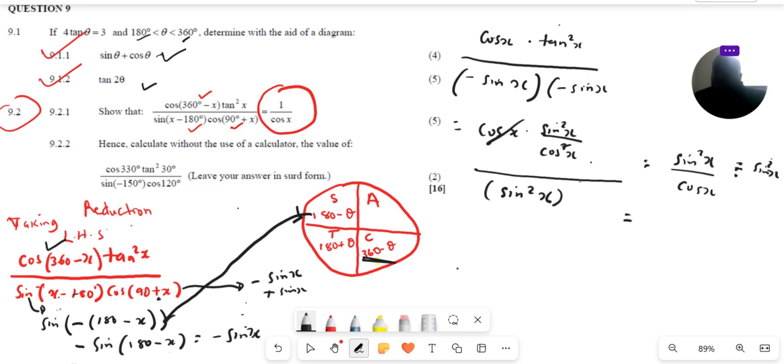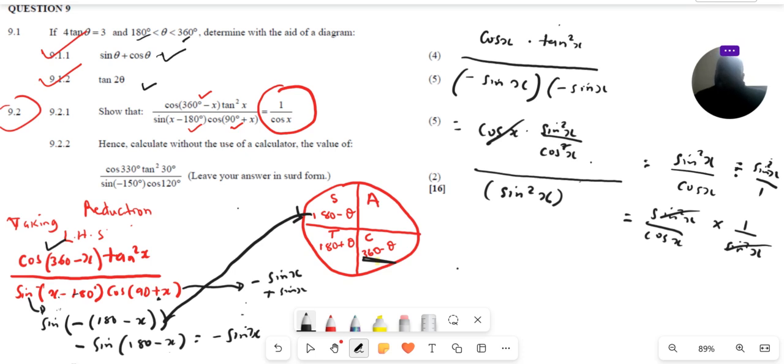But remember, when I get the reciprocal of a function, it will come to be 1 over sine squared x. That is the easiest way. I could have cancelled it from here and here, but I wanted to show it to you directly. So this one and this one will cancel out.